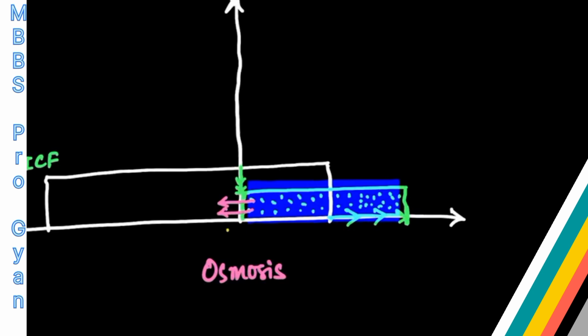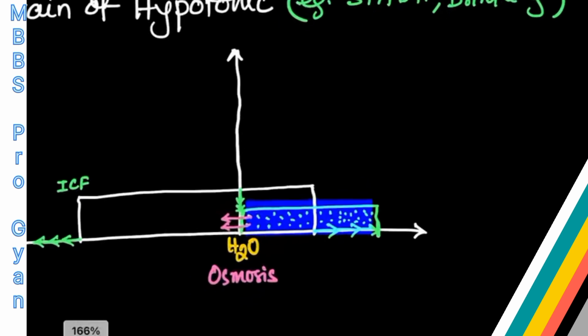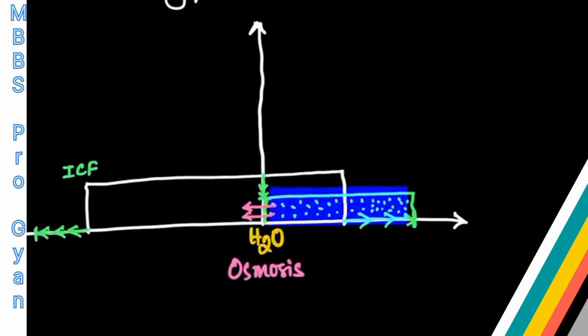By the process of osmosis, water will be moving from hypotonic ECF to the ICF. So whenever water is moving from ECF to ICF, what will happen to the ICF volume? The ICF volume will be expanded because water is entering inside the ICF due to osmosis. So ICF volume is expanded.